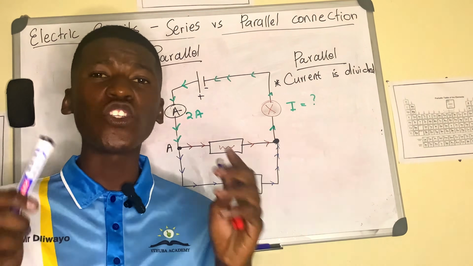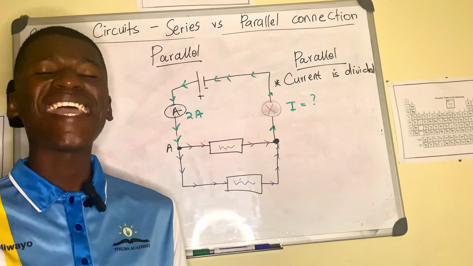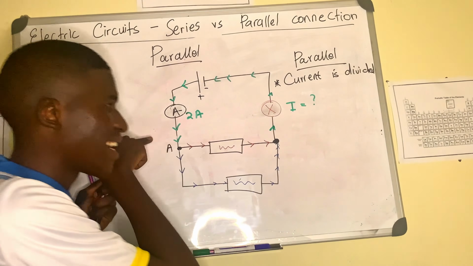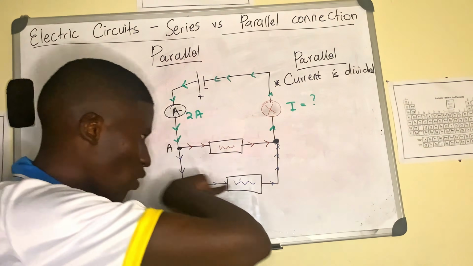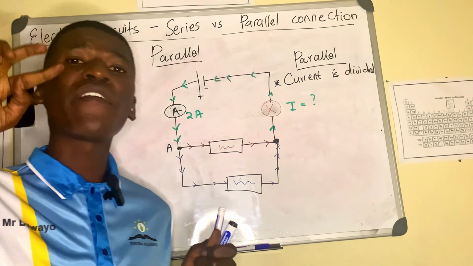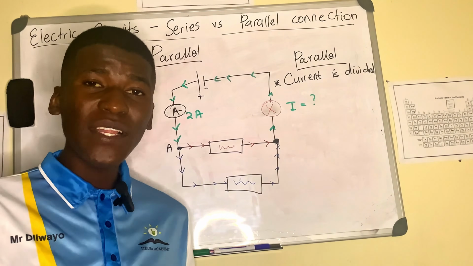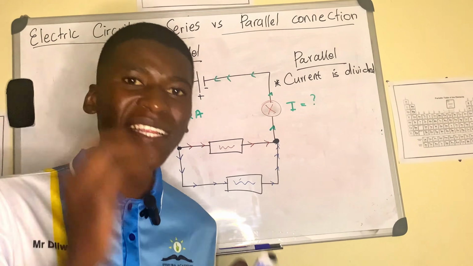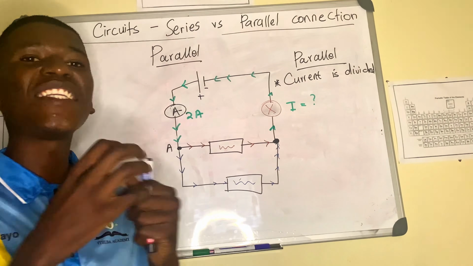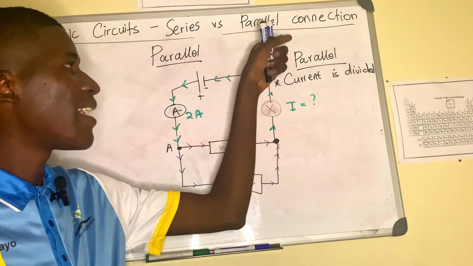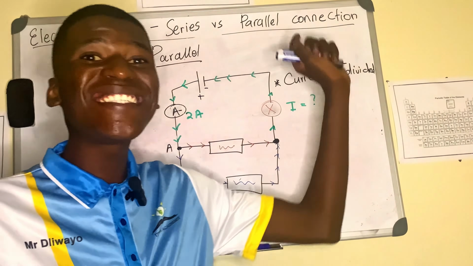It will go in two different directions because there are two wires here. There is a conductor going in that direction, and there's another one going to this other resistor. So the current will be split. These 2 amperes will be divided. Hence we say that in a parallel combination, the current is divided.